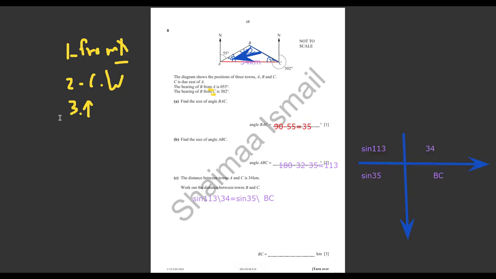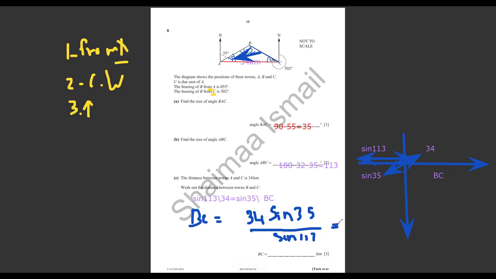So the BC now will be equal to 34 multiplied by sine 35 dividing by sine 113. So BC equals 34 sine 35 over sine 113.